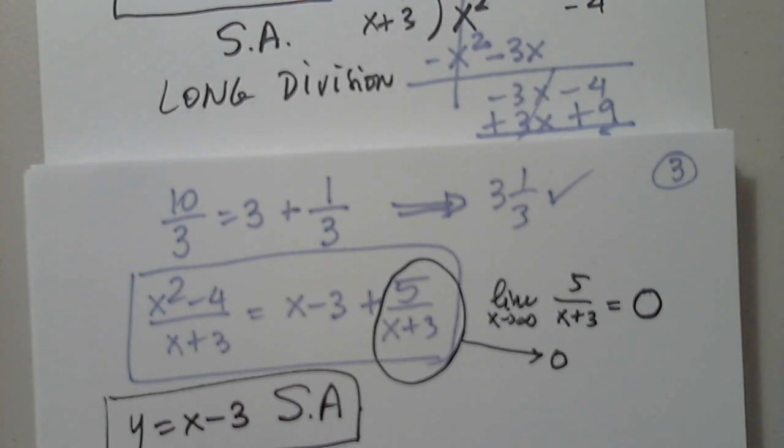So I have to change the viewing window. I don't know how far south I have to go, but I have to try, because this is not enough. This is not the graph. So I'm going to say negative 30 with a scale of 5.